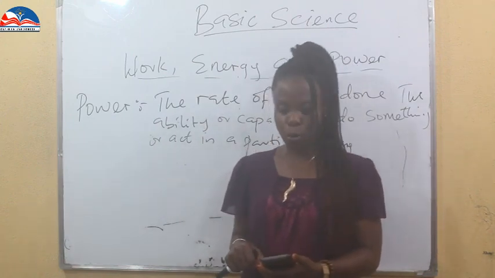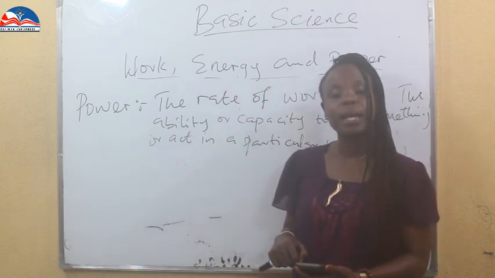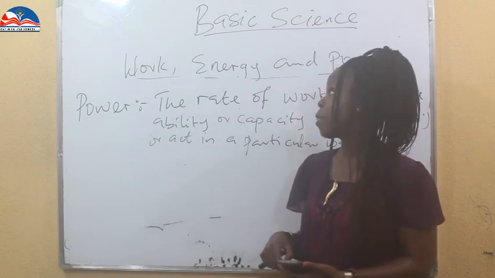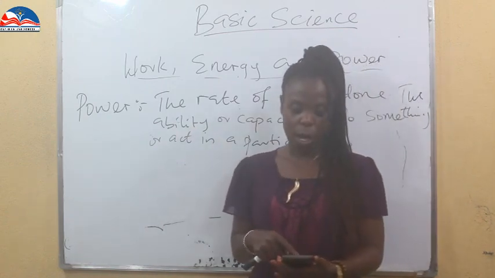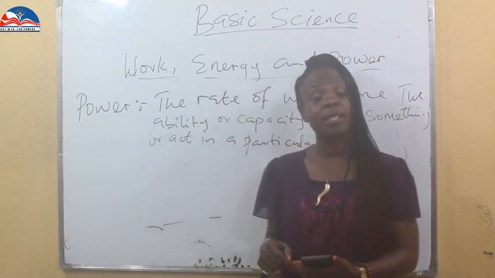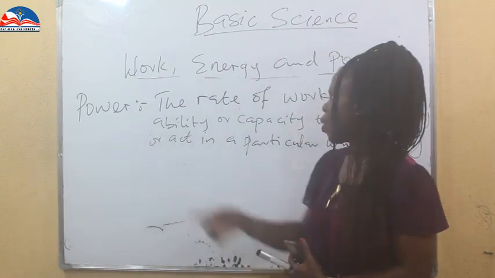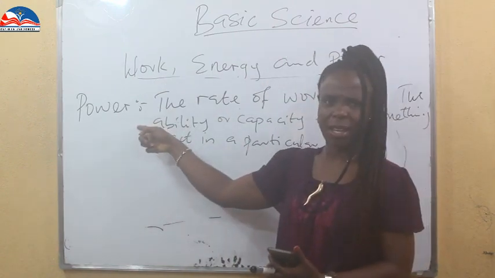Remember, we have talked about work, that it is energy transferred by force. Energy transferred by force is how we look at work. And we look at energy as the ability to do work. So that means that one leads to another.